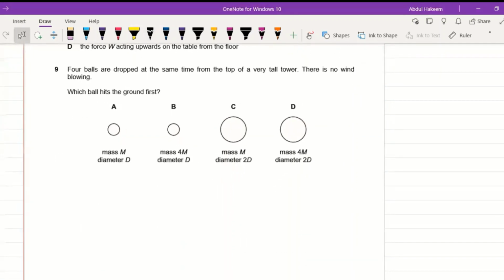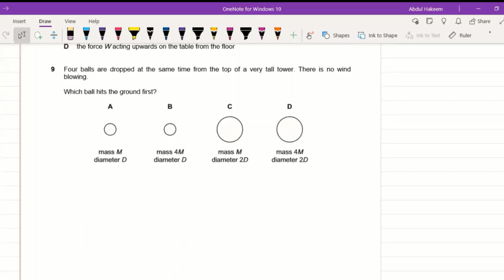Next, number 9. Four balls are dropped at the same time from the top of a tall tower. There is no wind blowing. No wind blowing means still air. When the object falls, when the object moves, air resistance will be there. Which ball hits the ground first?